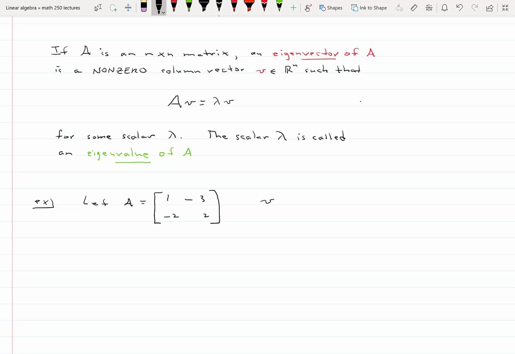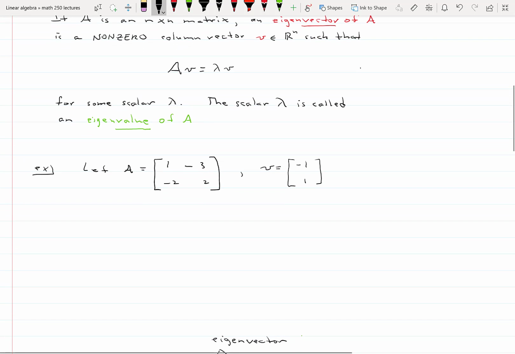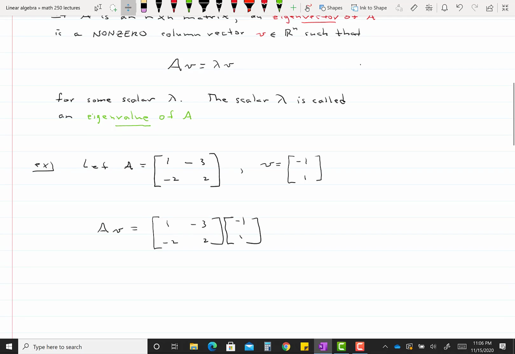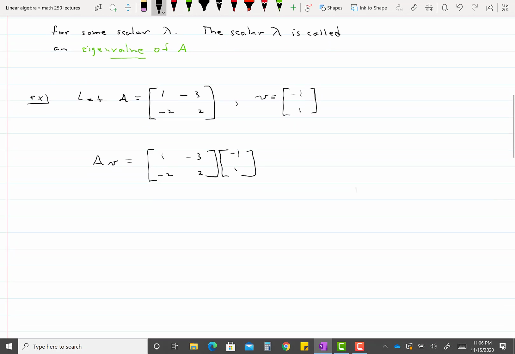and let V be the 2 by 1 matrix, -1, 1. Now, if we take A and multiply by V, that means we have matrix A, with rows 1, -3 and -2, 2, multiplied by -1, 1. I wrote some stuff ahead of time.